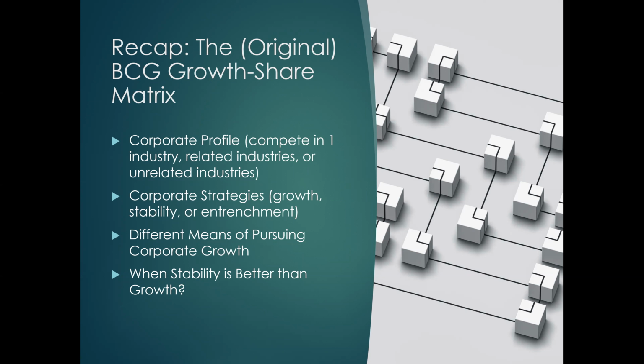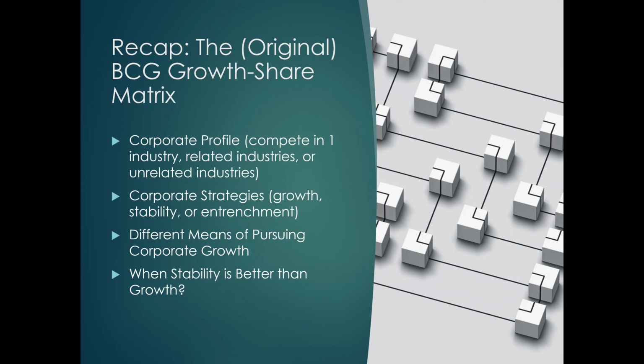That is, overall, on the highest level, whether the organization decides to compete in one industry, in related industries, or have a portfolio that consists of business units operating across various unrelated industries. And there are also corresponding corporate strategies you need to be aware of.